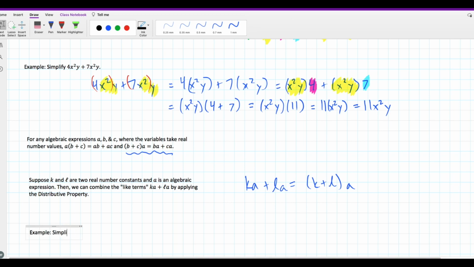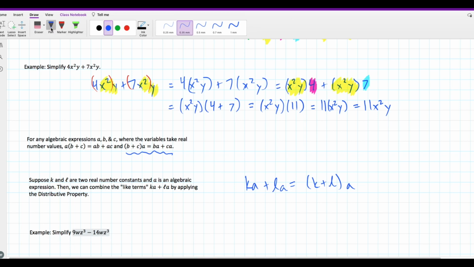So this time, let's add 9WZ cubed. This time let's use a minus sign. So minus 14WZ cubed.